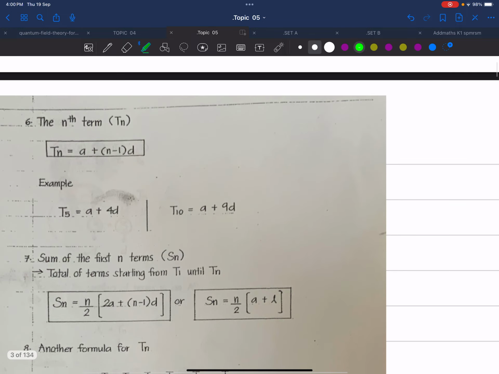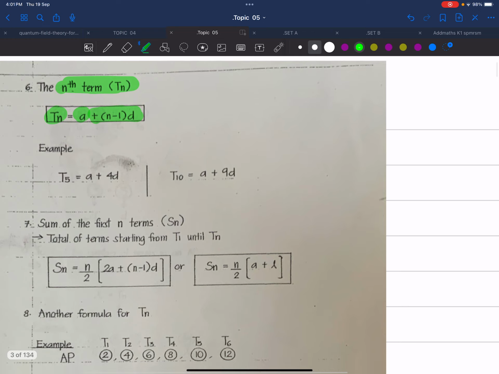Next, the formula for the nth term is Tn equals A plus n minus 1 D. And I've given an example here. So if you have n, this is n minus 1.